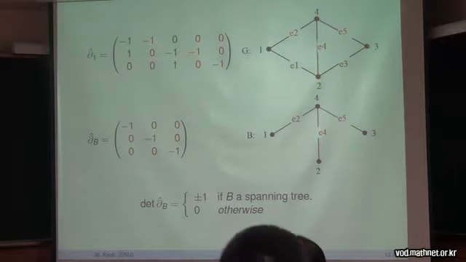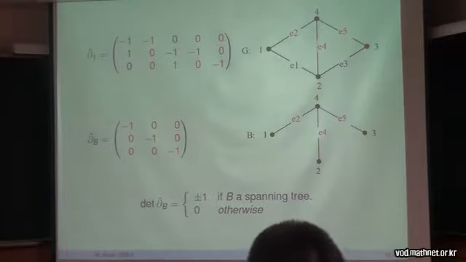Then it turns out that if you strike out a row and collect the columns corresponding to spanning trees, it'll always be a square matrix. The numbers turn out just right to make this a square matrix. And furthermore, the determinant of this is going to be plus or minus 1 if B is a spanning tree and 0 otherwise. So this is the real essence that goes into the matrix tree theorem.